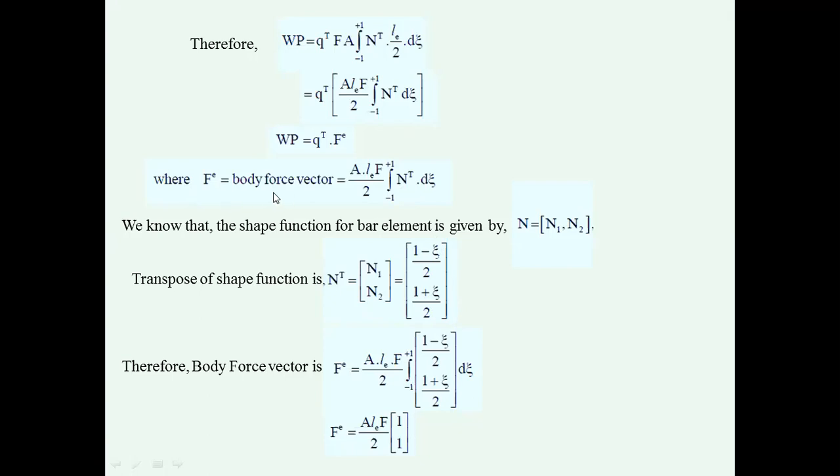Therefore, the body force Fe equals A LE f divided by 2, integration of minus 1 to plus 1 in the bracket N1, N2. You apply the integration, you apply the limits. After simplification of this, we get the value as 1, 1. Therefore, the body force vector Fe equals A LE f divided by 2 times (1, 1). So this is the body force vector.